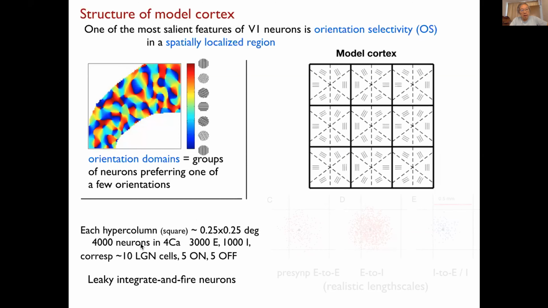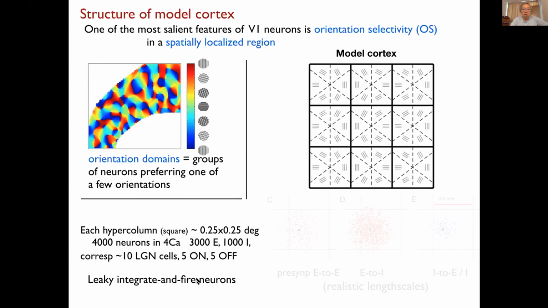In this layer alone, there are 4,000 neurons in each hypercolumn, 3,000 excitatory and 1,000 inhibitory. That's just one hypercolumn, one layer. As opposed to LGN, which has only about 10, it's a very, very big difference in number.